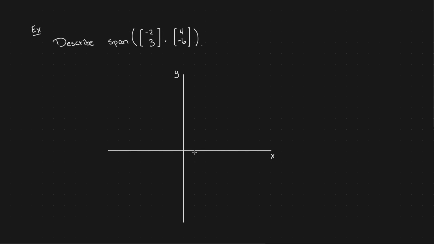Our first vector is negative 2, 3, right there. And our second vector is 4, negative 6.